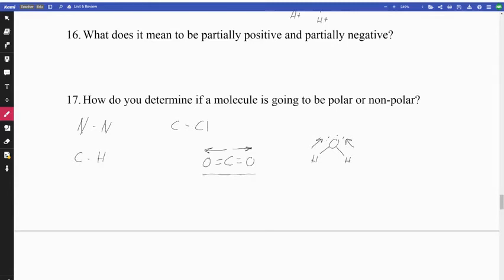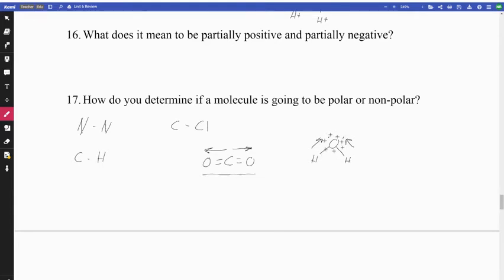Okay, so this situation over here works with tetrahedral and trigonal planar molecules. If you have tetrahedral, trigonal planar, or linear, and all of the atoms are the same on the outside, then that is going to be a nonpolar molecule because all of the bonds are going to cancel each other's poles out.